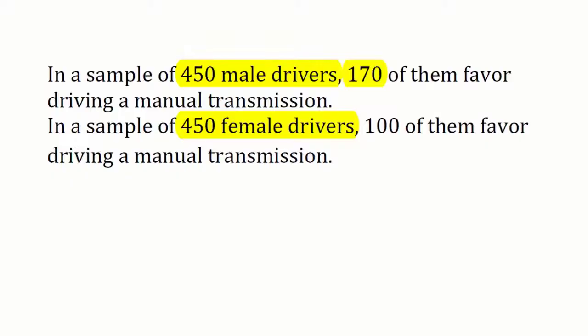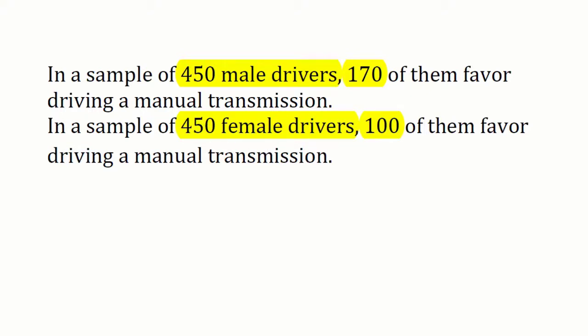And now again, back into the reading description of our samples here. In this sample from population 2, now I can officially say that we found 100 of them. So this is again the successive count for those drivers who favor driving a manual transmission, but this successive count was found in the sample that came out from population 2.